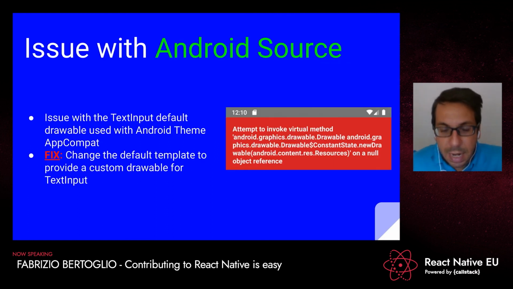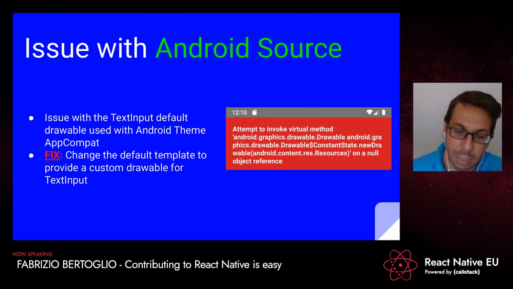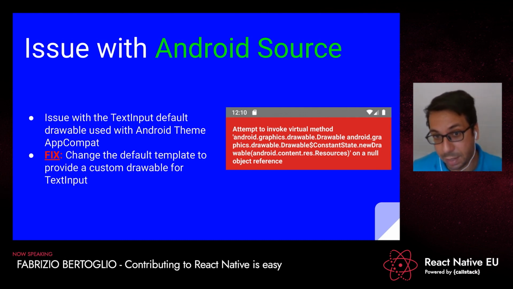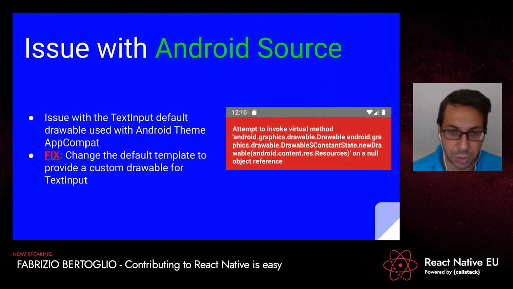The next slide, an additional issue we have in Android is a runtime error that says android.graphics.drawable.Drawable$ConstantState.newDrawable on a null object reference. Without going into the details of this issue, this is caused by the text input default drawable we are using with the React Native Android theme AppCompat. This is the Android theme we are using when we generate new projects with React Native init.